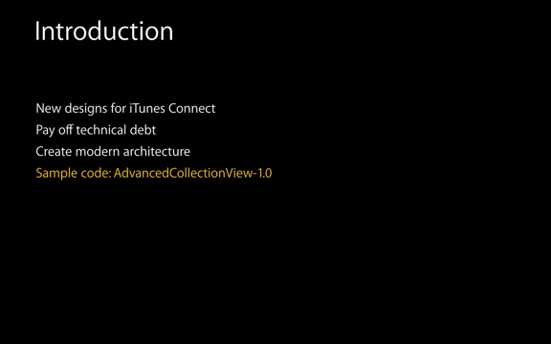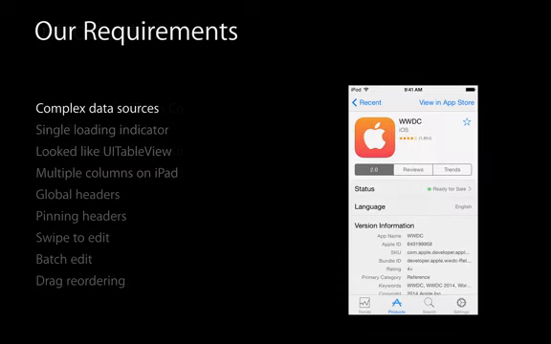So we had some requirements, just like you all probably get requirements with your applications. And I'd like to go through those one by one and take a look at them and give you a little bit of a sense of where we were coming from and a little bit of sense of the terror that I felt when I took a look at them. So first of all, we had really complex data. We started off with iTunes Connect 2 supporting apps and books.